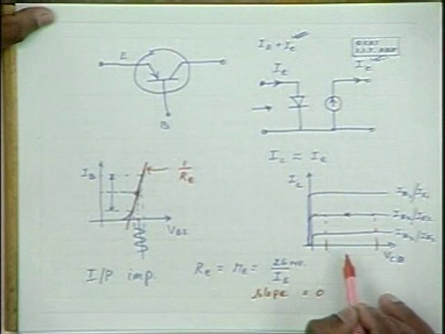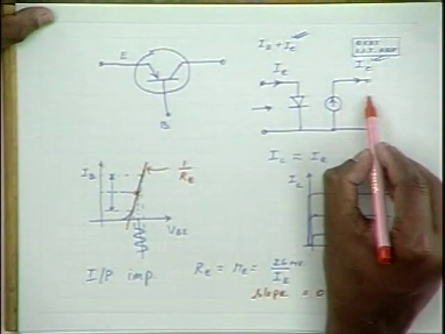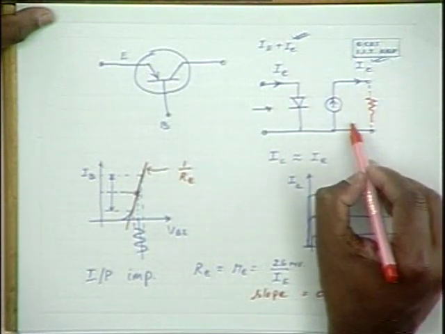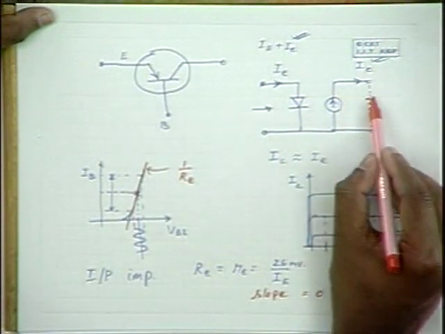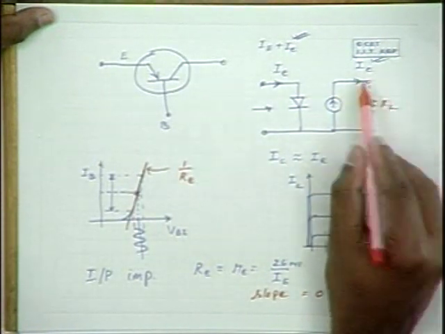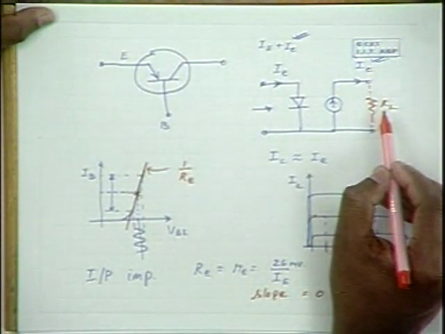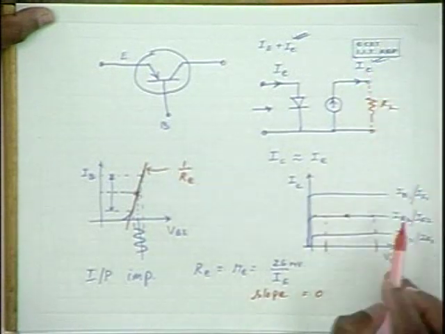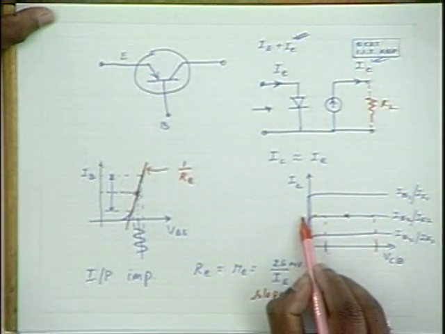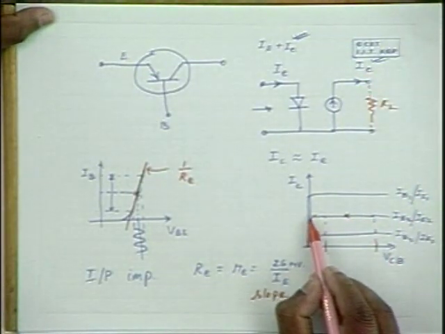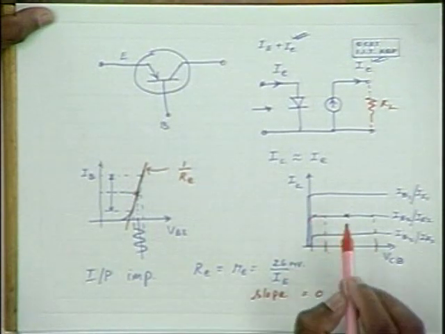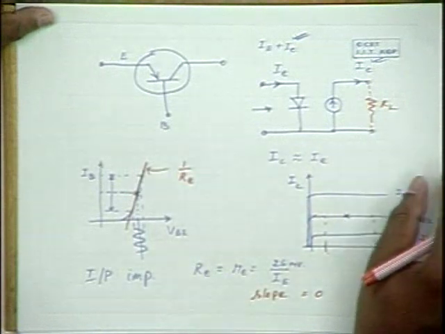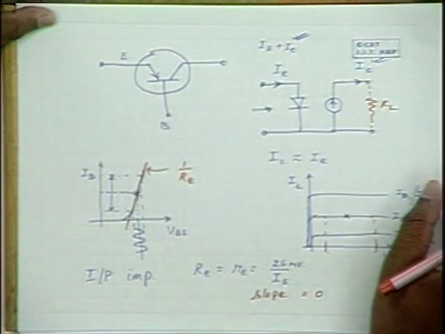And when do you get voltage change? When you connect different load resistances, you will find certain voltage, because the voltage is equal to the load resistance times IC. Now by connecting different load resistances, does IC change? Change in IC is negligible. Therefore, the output impedance is infinity for all practical purposes.